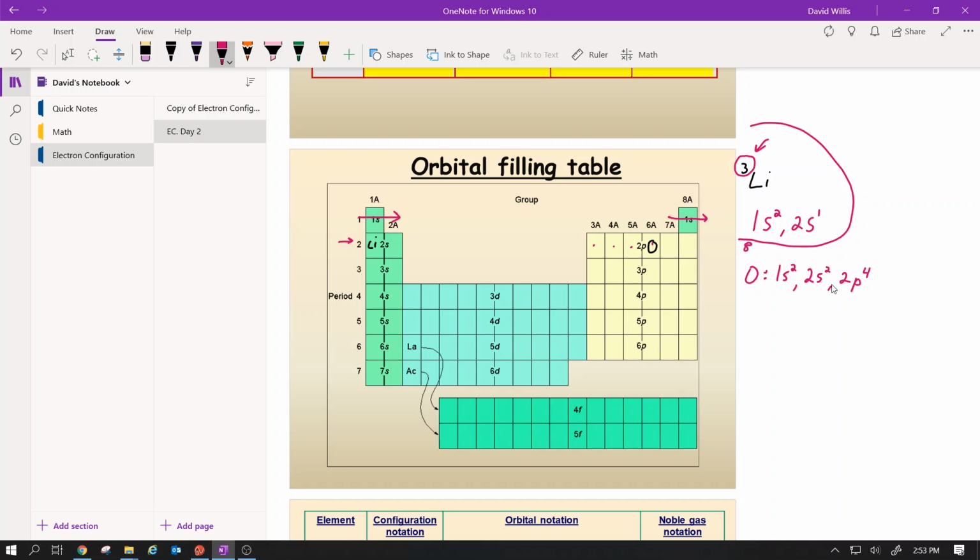So 1s2, 2s2, 2p4. And by the way, these little lists of numbers that tell where the electrons are, what energy level and what sublevel, and how many, are called electron configurations. Can I get it all in there? Yes. So this is called the electron configuration.